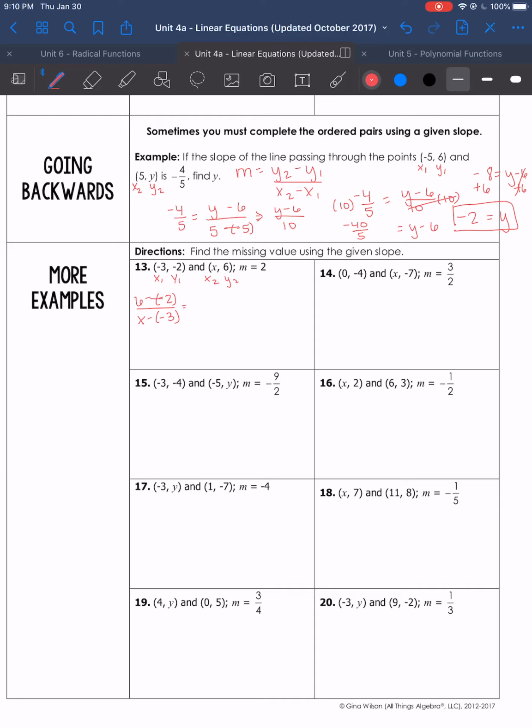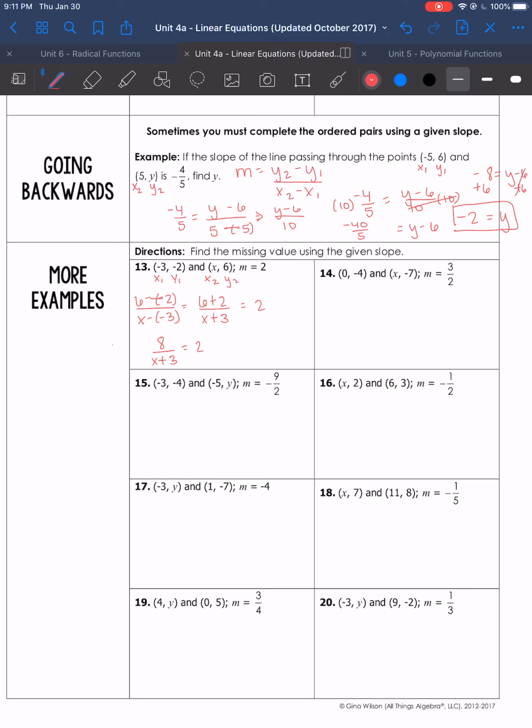So 6 minus a negative 2 becomes a plus, so 6 plus 2 over x plus 3 equals 2. Well, 6 plus 2 is 8. So 8 over x plus 3 equals 2.